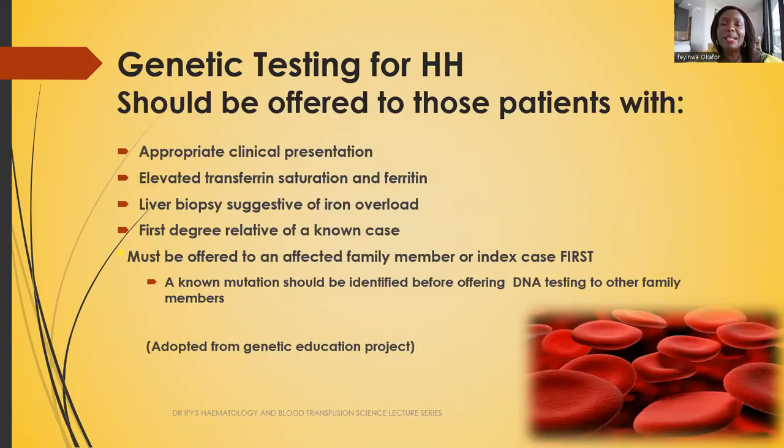Now, genetic testing for hereditary hemochromatosis should be offered to patients with, one, an appropriate clinical presentation. That is, the doctor must have looked at it clinically and found those symptoms that we stated earlier: liver cirrhosis, pancreatic damage, that is diabetes, hyperpigmentation of the skin, and extreme fatigue.